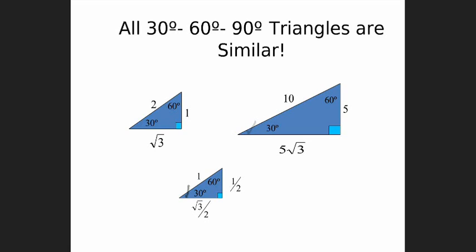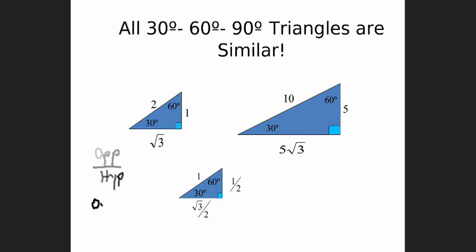So first divide all the opposites divided by the hypotenuses. Then I want you to divide all the opposites on every one of these things divided by the adjacents. Again, we're looking from this point right here.